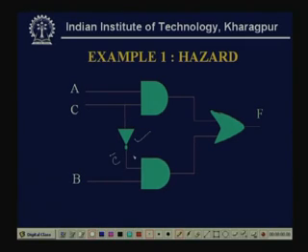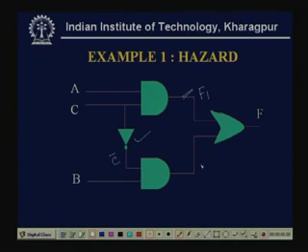So, when this input of the OR gate, say my F1, is available, that time F2 is not available, because this inverter is taking some time to compute C bar, and then BC bar is computed after some delay, and again some delay is associated with the bottom AND gate also.